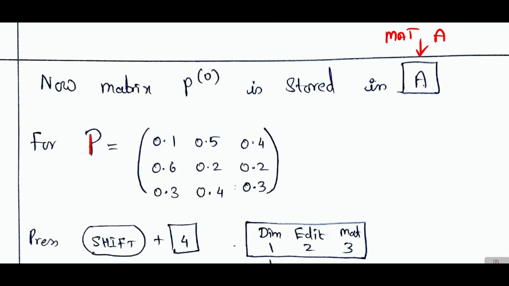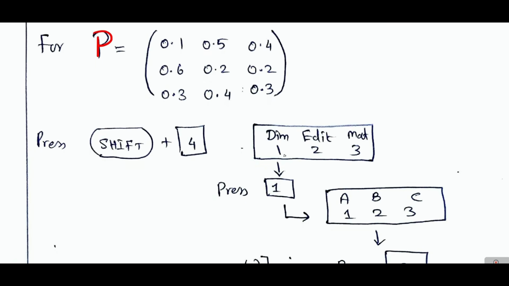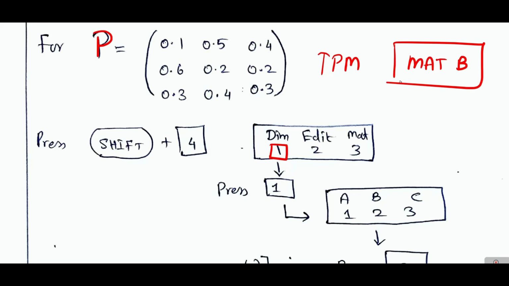Now let us take capital P, some 3 cross 3 matrix. Now again press shift plus 4. When you press shift plus 4, you will get the display for this transition probability matrix. As I said, we are going to use mat B. For that, first of all, I have to enter the dimension. Here it is a 3 cross 3 matrix. M is 3, N equal to 3.